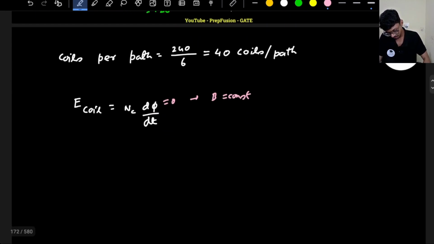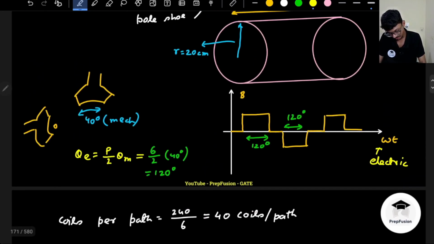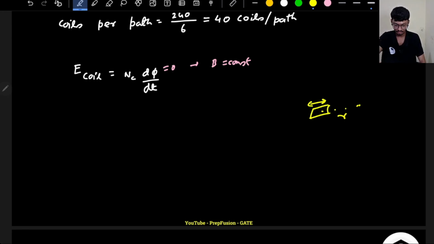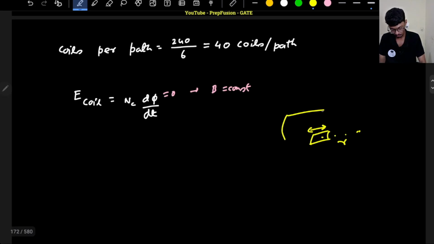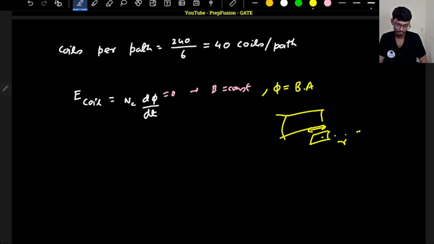So here, if I have a small circular region, again this radius is r. Let's assume this length as L, because the whole pole will be facing this. So whatever flux density is coming, it will come here, right? I know my formula of flux. Flux is equal to flux density into area, correct?